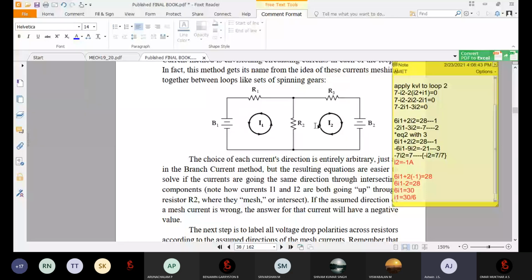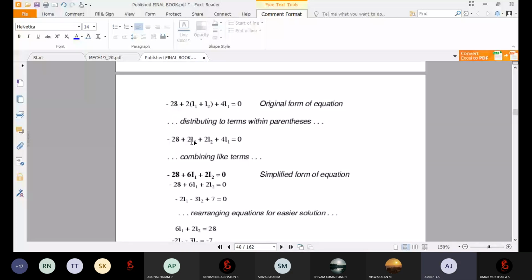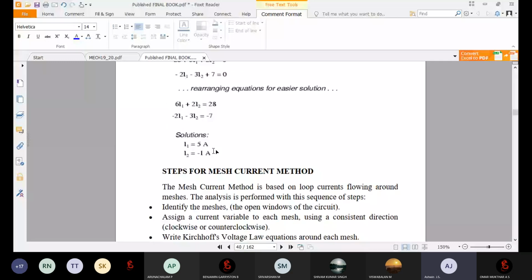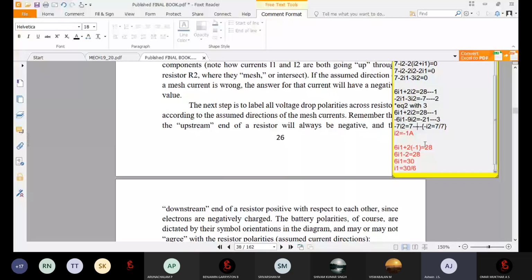Let's see whether the result is equivalent. They found the equations, reduced them, and finally got I1 equal to 5 amps and I2 equal to minus 4 amps. The same result we got, right? Even though we assume the current in the opposite direction, we got the same value, right, guys?